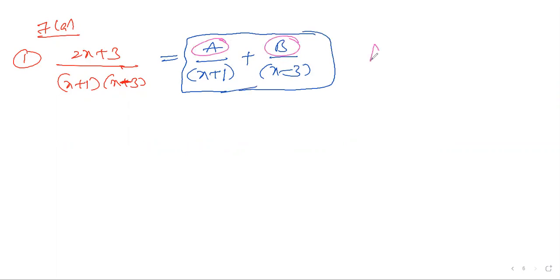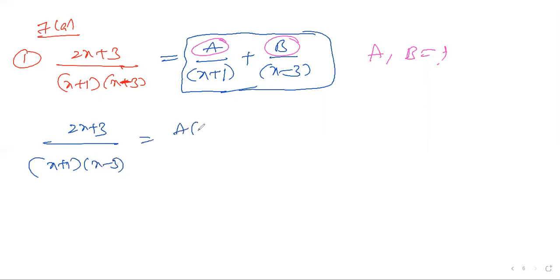So now the agenda is to find the value of A and the value of B. How to find them: first of all, you take the LCM. Left hand side as it is, then you can write A into x minus 3 plus B into x plus 1 by x plus 1 into x minus 3.